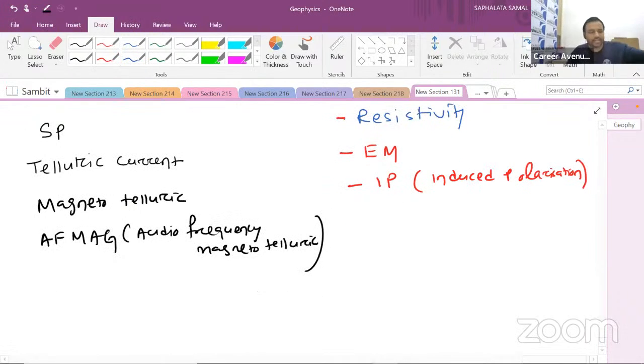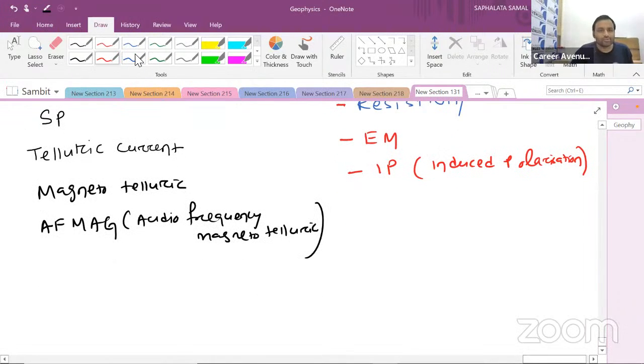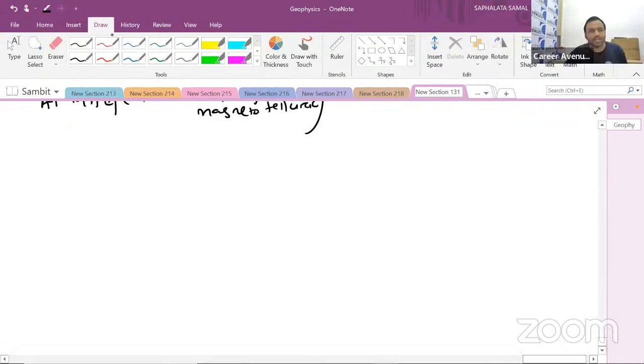So natural and induced electrical source. First we'll discuss the natural electrical sources.